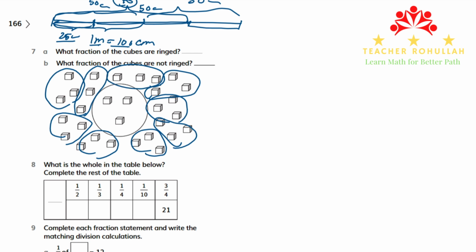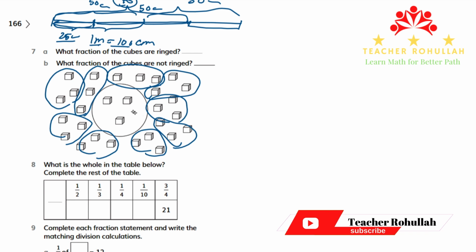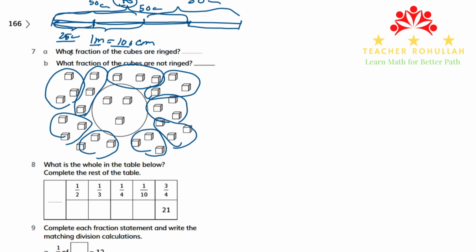Now we can easily find out how many equal groups of 3 we have over here. So 1, 2, 3, 4, 5, 6, 7, 8, 9, 10. We have 10 equal groups. And out of 10 equal groups, one of them is circled, or one of them is taken. So because it says what fraction of the cubes are ringed, we can say 1/10 of the cubes are ringed.